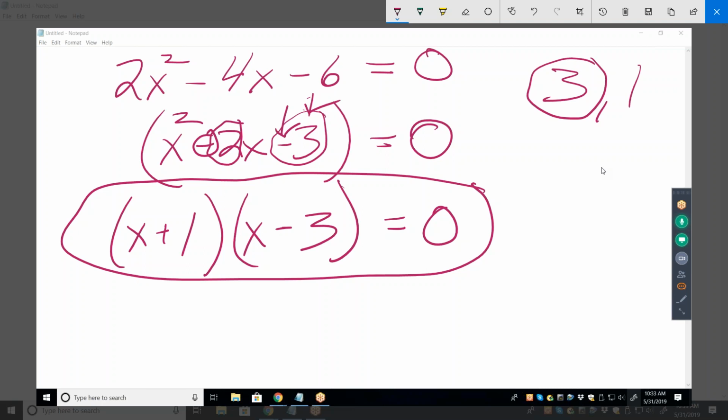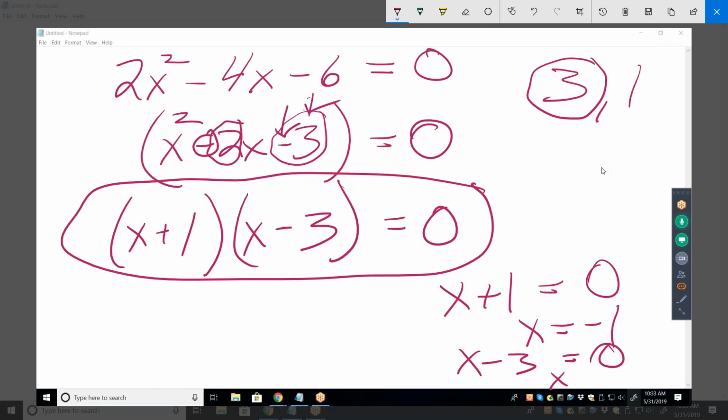In this case, we're going to set that one equal to 0, and we get what? X equal -1. And we're going to set this one equal to 0, and we get x equal 3. And when you plug those two solutions back into the original quadratic, they both work. So both of them are valid.